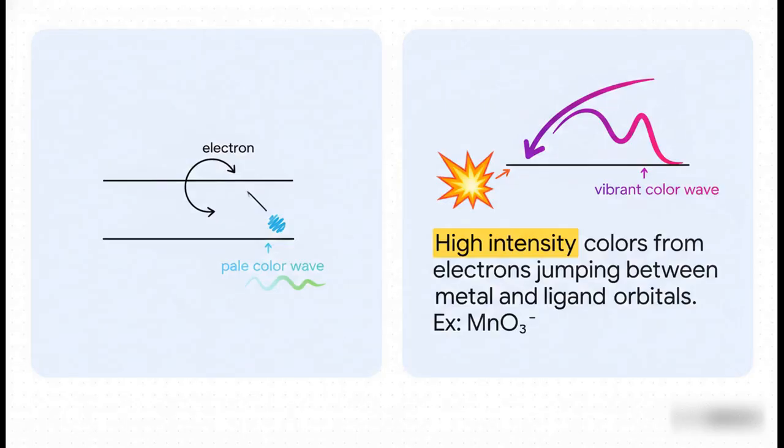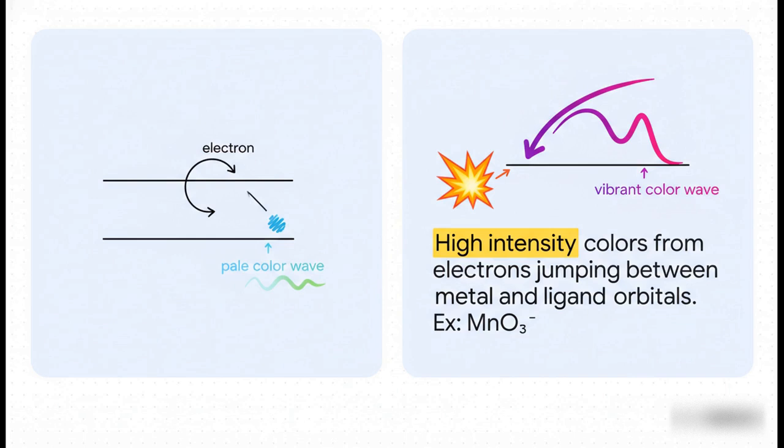And we have to talk about the colors. I mean, it's one of the coolest things about transition metals. So where do they come from? Well, there are two main ways this happens. First, you've got what are called d-d transitions. Basically, an electron absorbs some light and uses that energy to jump up to a higher energy d orbital. This is what's behind the often pale, pretty colors you see in a lot of common metal complexes.